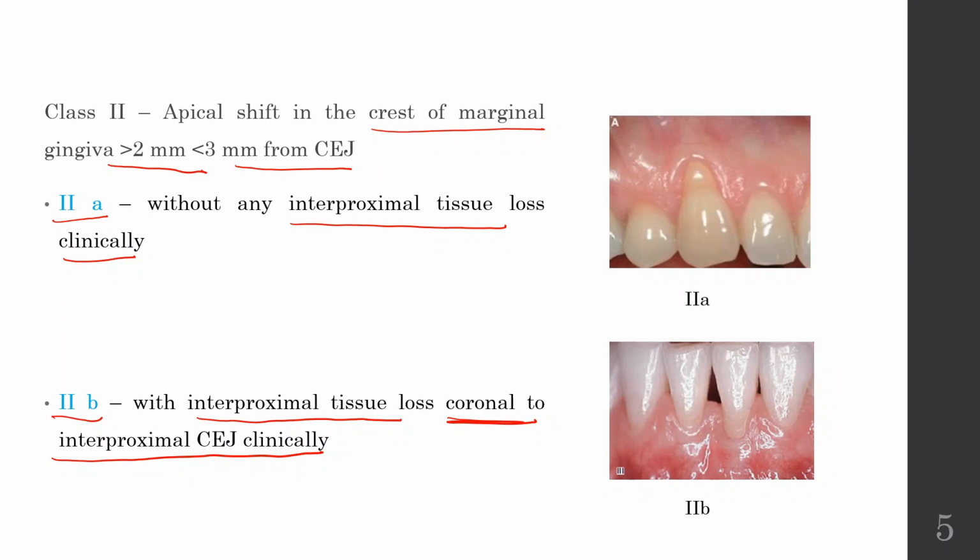That means in the subclassification, the class 2 is similar to that of class 1. Only difference is here the marginal gingiva is more than 2 mm or less than 3 mm from the CEJ.